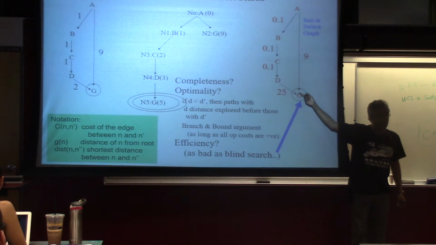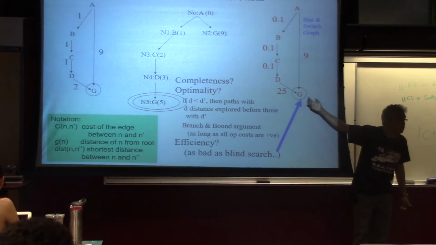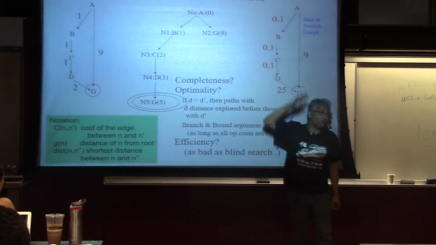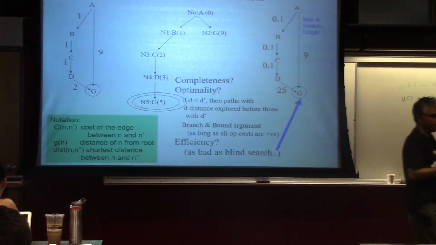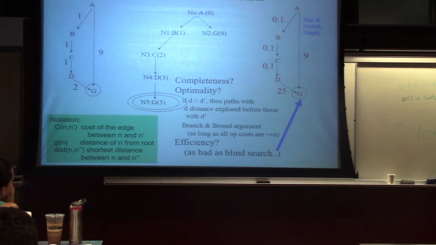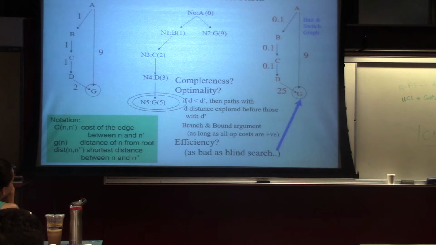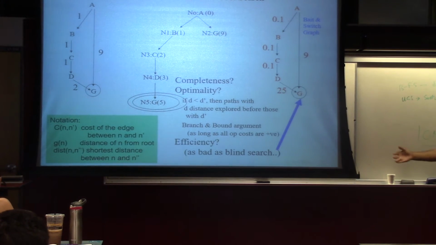It's a goal node. If you have some kind of an idea as to how far you still have to go from C, if you have just some idea, and if you added that to how far you have traveled, and then compared those apples to those other apples, then you are in a much better shape.